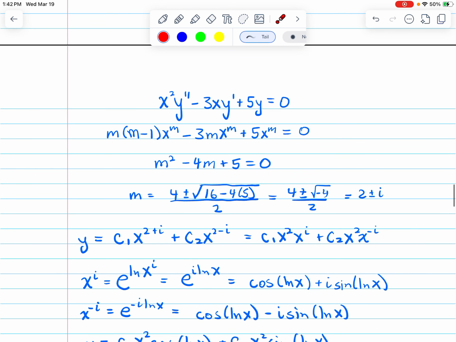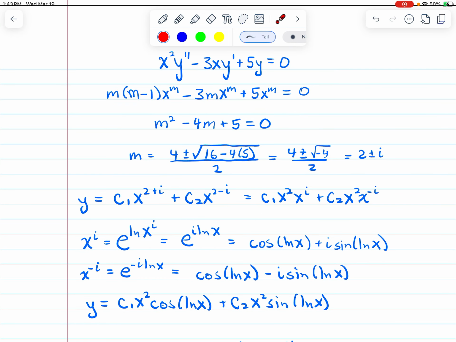We put it into the quadratic formula and we get 2 plus or minus i. Okay, so there's 2 plus or minus i. And so here's our solution right here.